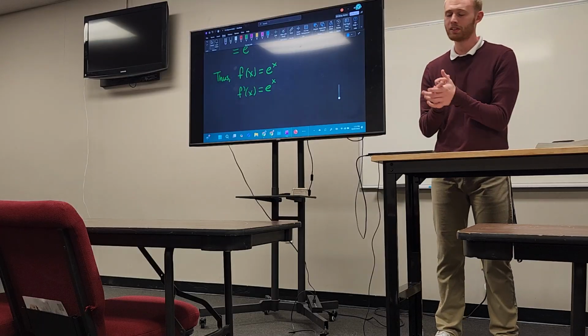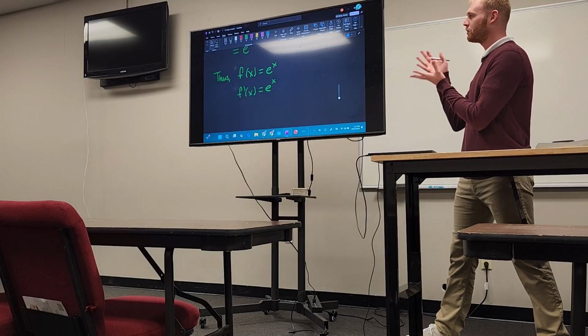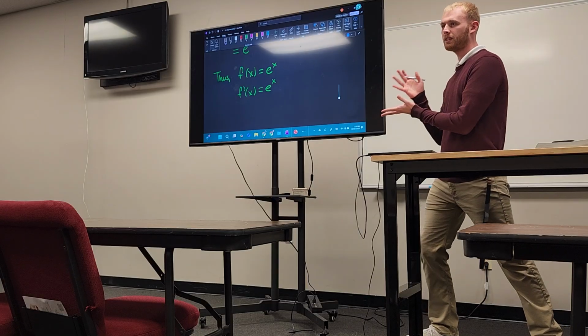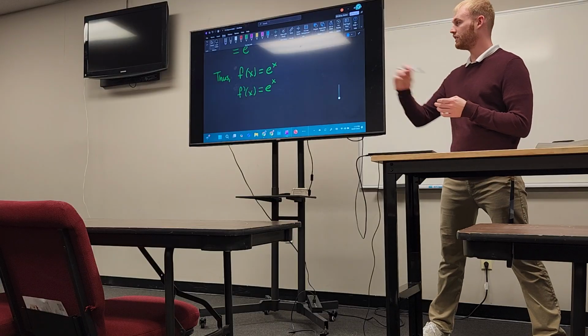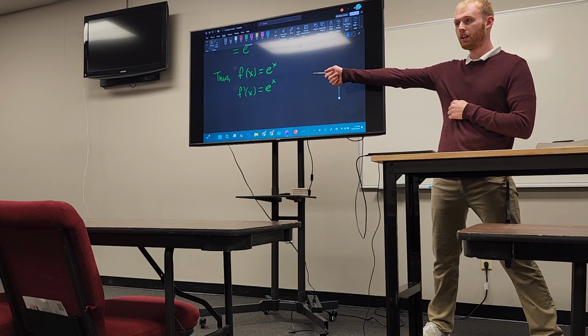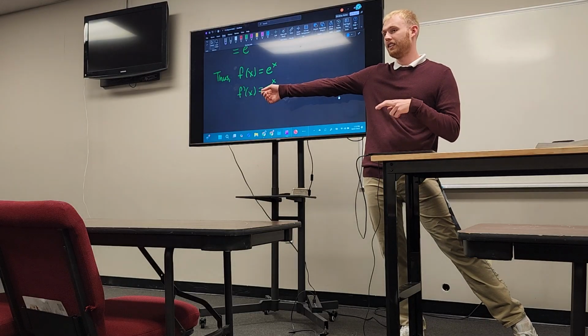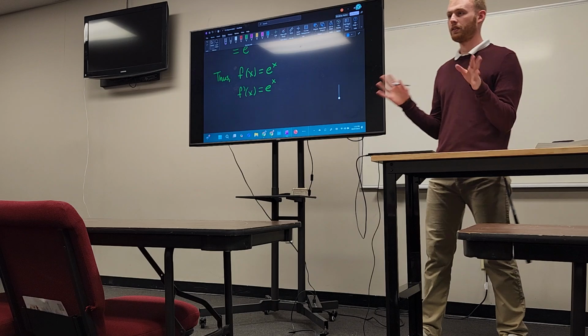Okay, so this is amazing. The fact that this is real, that the function's rate of change is itself, exactly proportionally, that's amazing. This is the derivative function everywhere on e to the x. It doesn't matter what x value you put in.